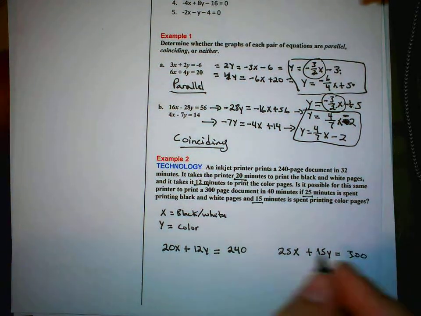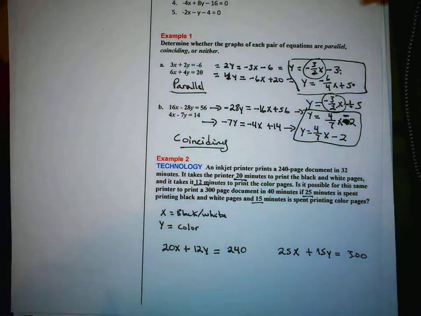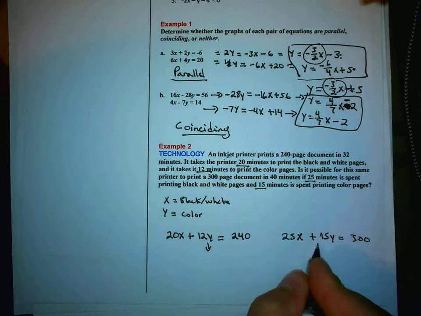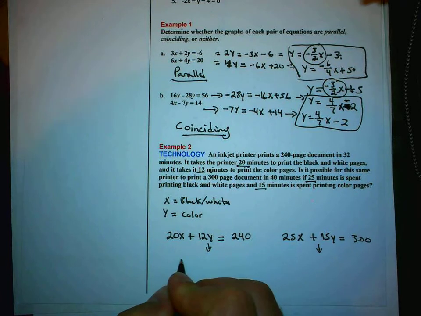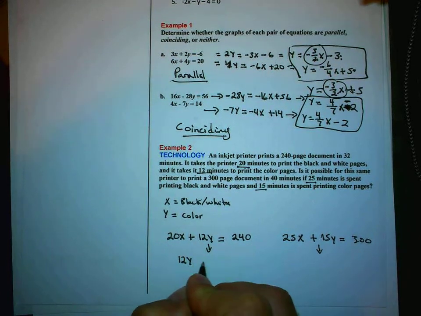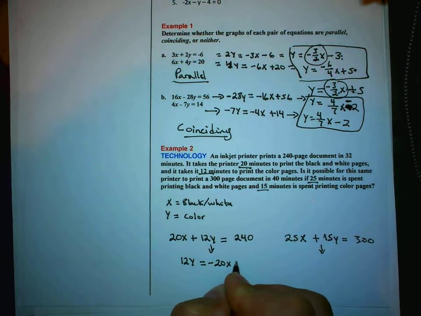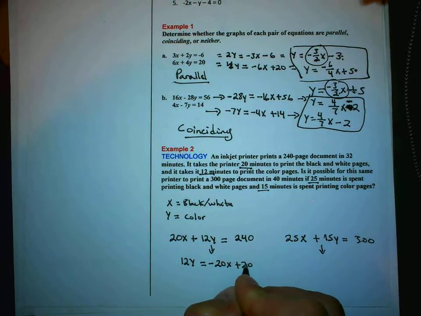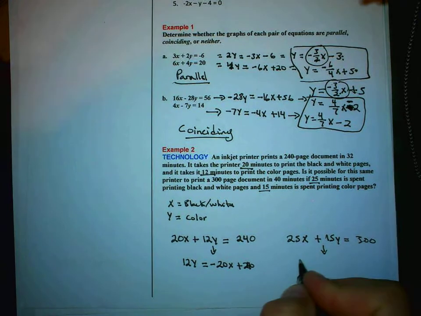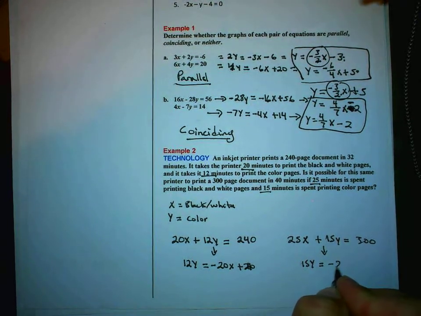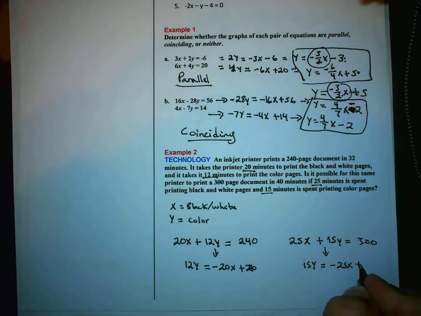Easiest thing to do is to start by trying to put these both in y equals mx plus b form. So I'll change this to 12y equals negative 20x plus 240. Over here I'll change this to 15y equals negative 25x plus 300.